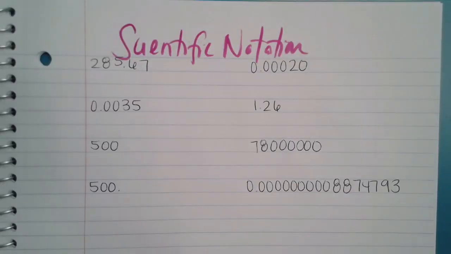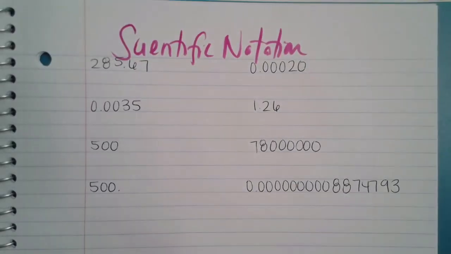So numbers are written in scientific notation when you have a number that's either equal to or greater than 1, but also less than 10. And the way you represent that is multiplying it to some power of 10. And that power of 10 can be positive or it could be negative.